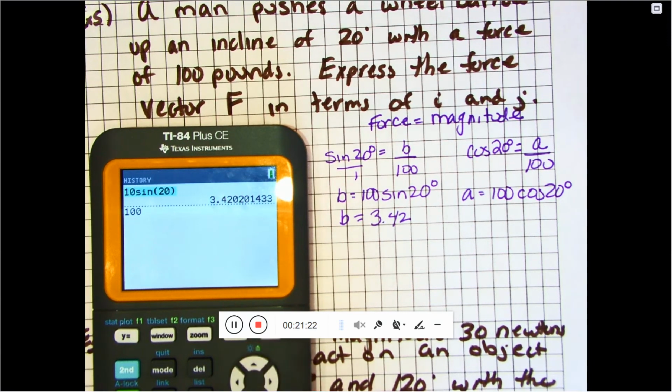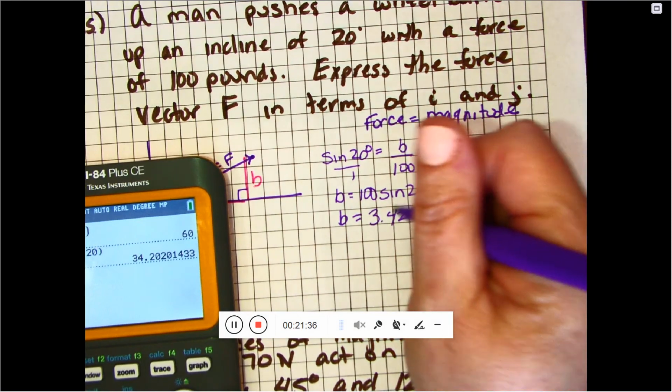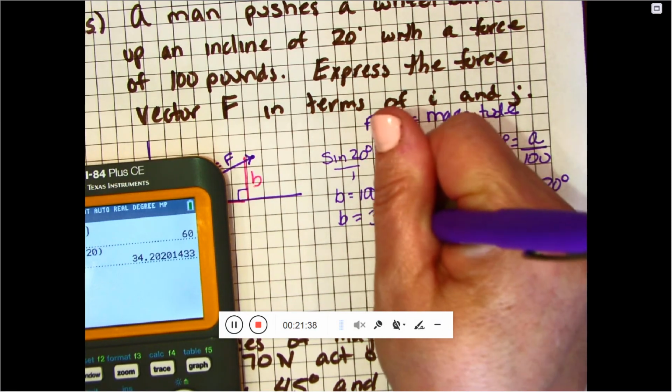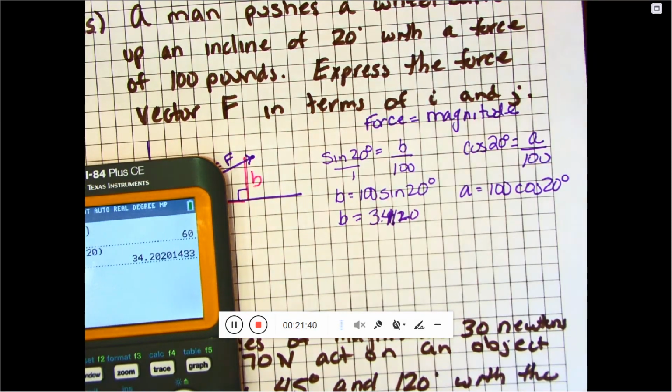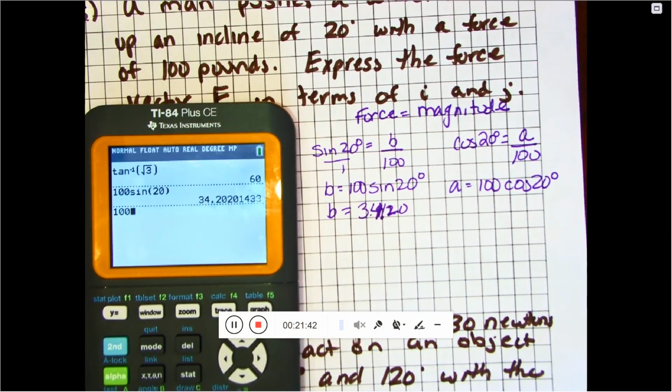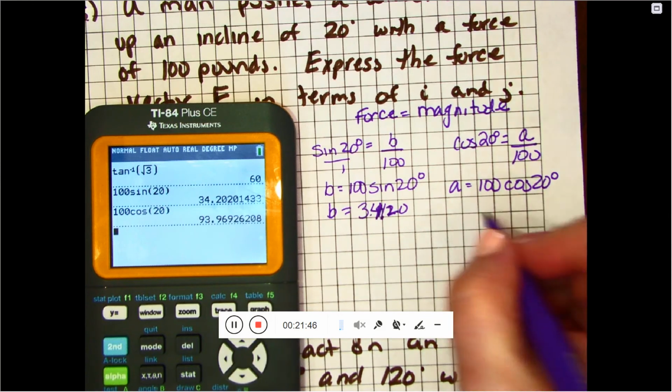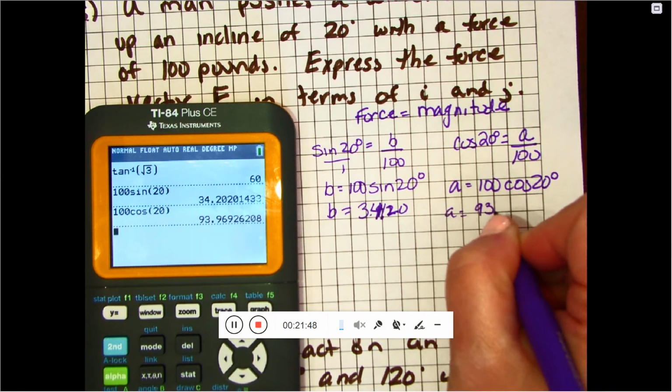Well, let's fix that. So I did that wrong. 100 sine 20 is 34.20. And then 100 cosine 20 would be 93.97.